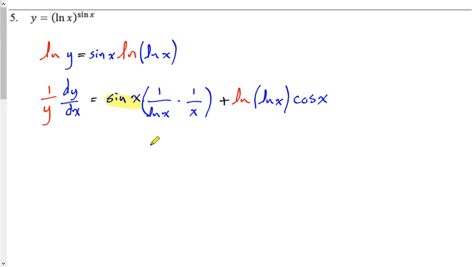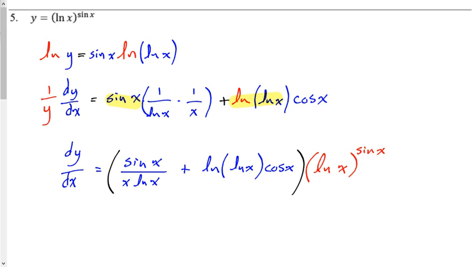And then plus the second function, the ln x, times the derivative of sine x. And we're ready to multiply the y over. And that will finish our question. There we go. We have finished the derivatives portion of this course.